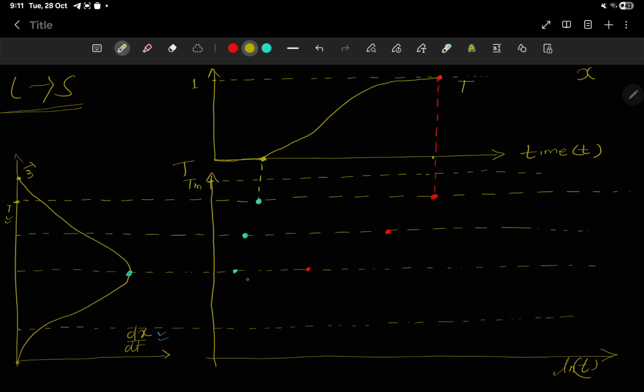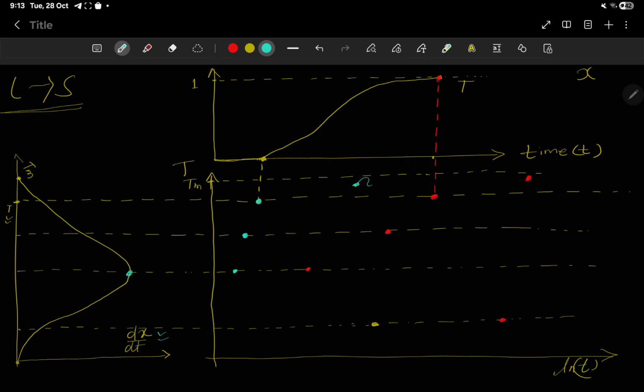So for nucleation we will get a longer time to start, and for ending we will again get a longer time. At some location we get the start point here, and the end point will be asymptotic to Tm.